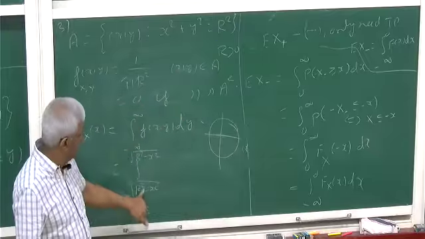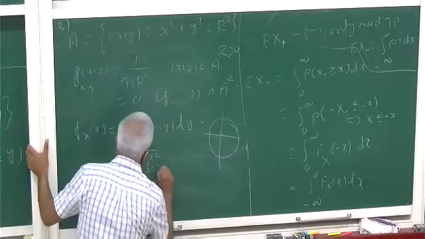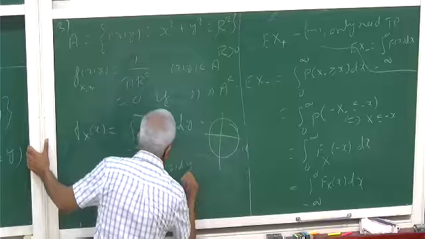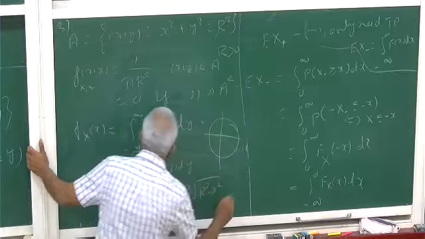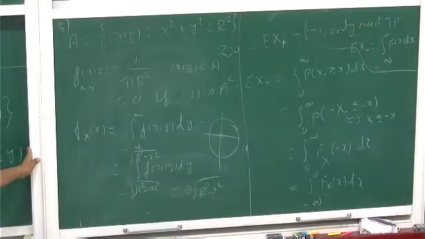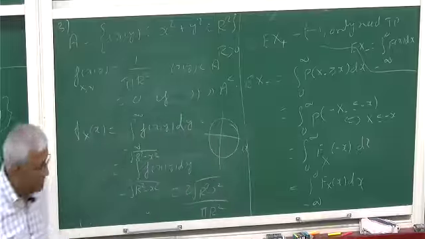But then this will be between minus and plus square root of r square minus x square. This is just the integration of f(x, y) dy over that range, so that is just 2 times square root of r square minus x square, times 1 by pi r square. Okay, this is the density.